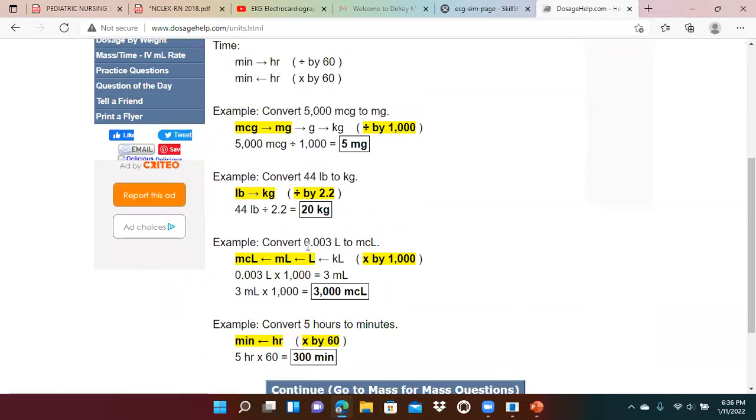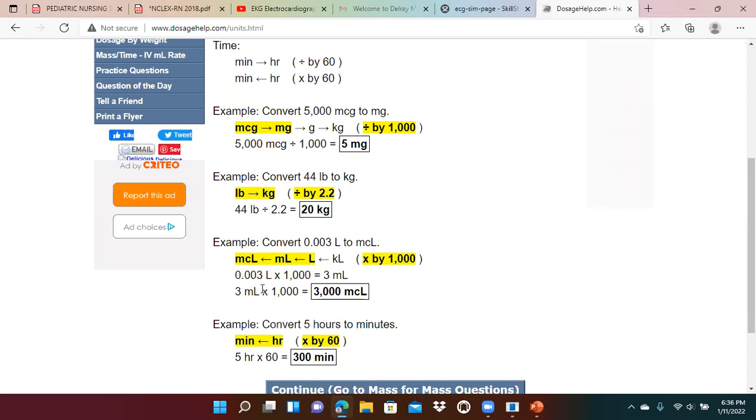Another example here we see. Convert 0.003 liter to microliter. So microliter, milliliter, liter, and kiloliter. If you want to convert big to small, multiply, like 0.003 multiplied by 1000 is 3 liter, right?